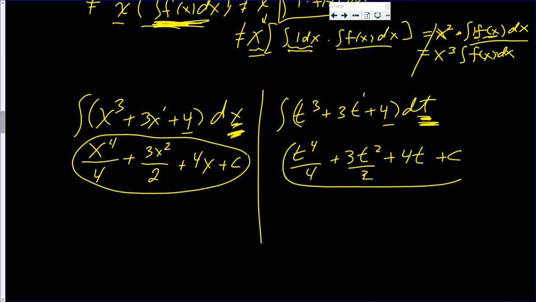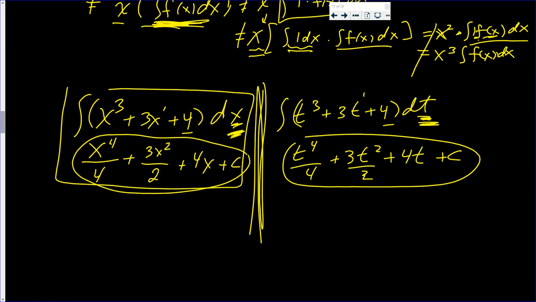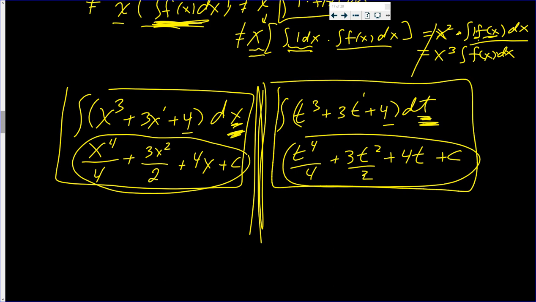The only difference between the left side and the right side is everywhere we saw an x on the left side, we have a t on the right side, and vice versa.